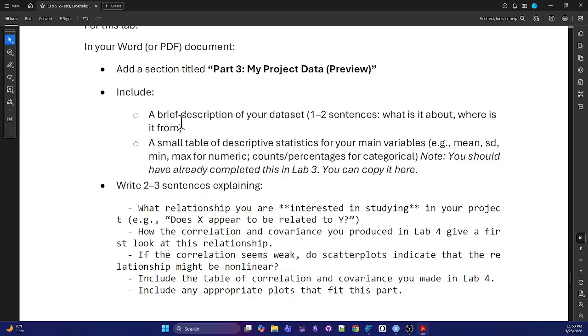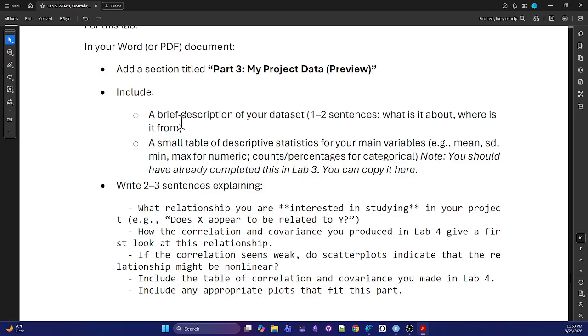Here's a brief description of the data set, just a couple of sentences, and a table of descriptive statistics. You can take that from lab 3 or 4, one of those two labs, and I think it was lab 3, where we did a table that had the mean, standard deviation, minimum, and maximum, just some basic descriptive statistics.